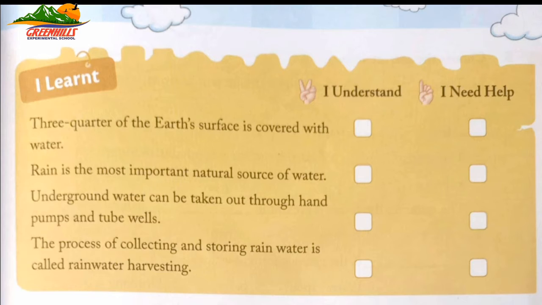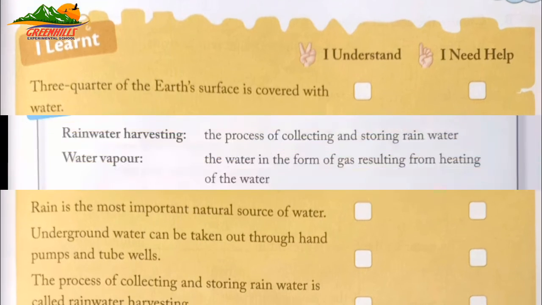Second one, rain is the most important natural source of water. Third one, underground water can be taken out through hand pumps and tube wells. Number 4, the process of collecting and storing rainwater is called rainwater harvesting.